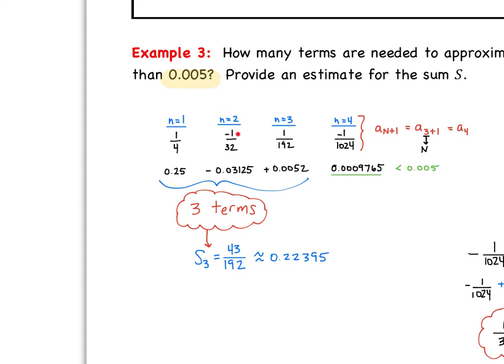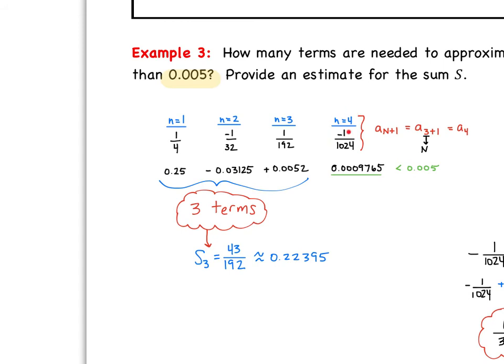When n is 2, we get negative 1 over 32. Looking at the absolute value, 0.03125 is not less than 0.005. When n is 3, we get 1 over 192. That's 0.0052, which still is not less than 0.005.